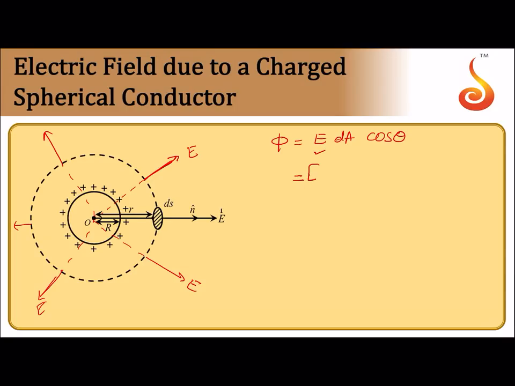So we know this. Electric field is along this direction. dA is also present. What is the dA? dA is the area of the small portion on the Gaussian surface. Theta. Cos theta. What is that theta? Theta is the angle between the electric field and the area vector. Look at this. This is the direction of the electric field. Do you also notice that the area vector is along this direction?